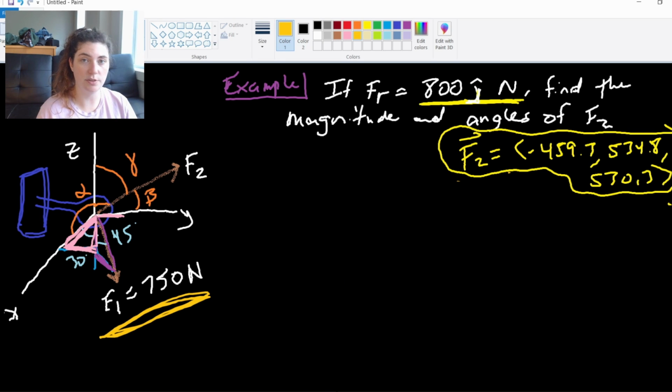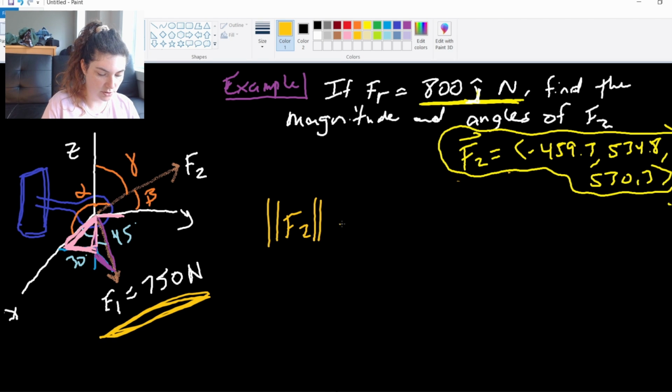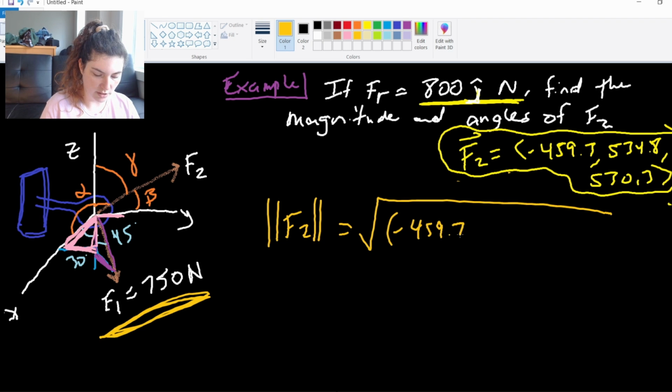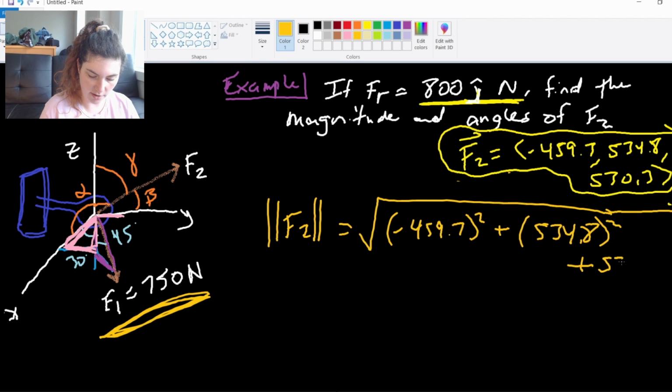So finding our magnitude of F2 is as easy as doing our reverse Pythagorean theorem thing, where the magnitude of F2 is going to be the square root of the square of each component. So the square root of 459.3 squared plus 534.8 squared plus, this is all under the square root, 530.3 squared.